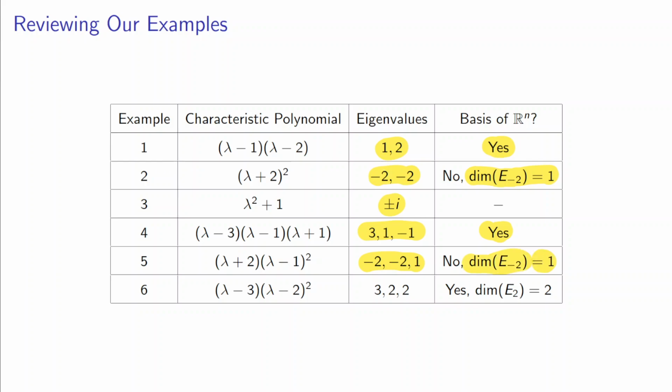If you go back to that last video, you would see that. And just so no one gets confused here, this is supposed to be up here. And then for that last example, we had the repeated eigenvalue of 2. And this time we noticed that the dimension of E2 was actually 2. So yes, we could get a basis of R3 consisting of eigenvectors for this example.